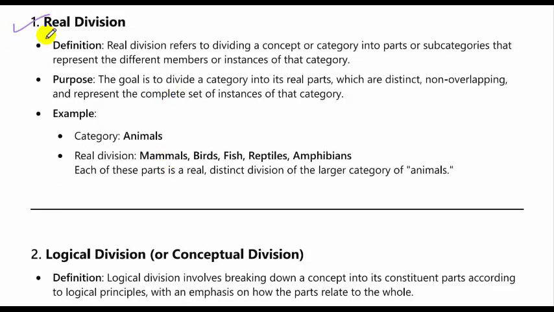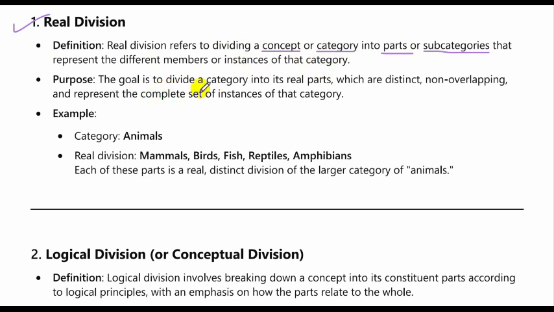Real division. Real division refers to dividing a concept or category into parts or subcategories that represent the different members or instances of that category.